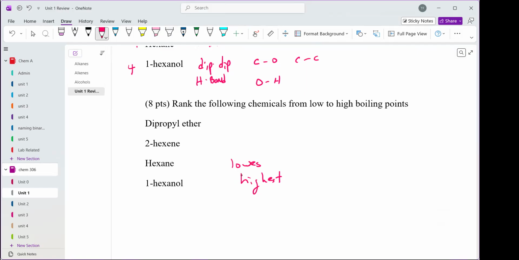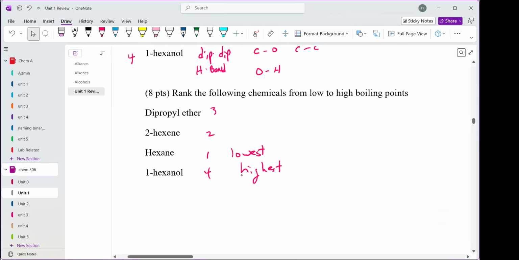Lowest. Second highest. Second lowest. You could have named it 1 being highest, and it doesn't really matter as long as it's consistent. The two extremes are hexane and hexanol.